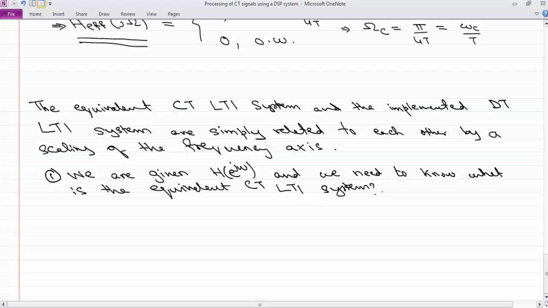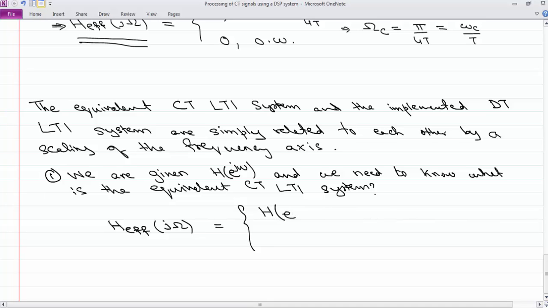And when we say what is the equivalent continuous time LTI system, we can ask about either its frequency domain interpretation or its time domain. So we just focus on the frequency domain: the equivalent system is given by a scaling.